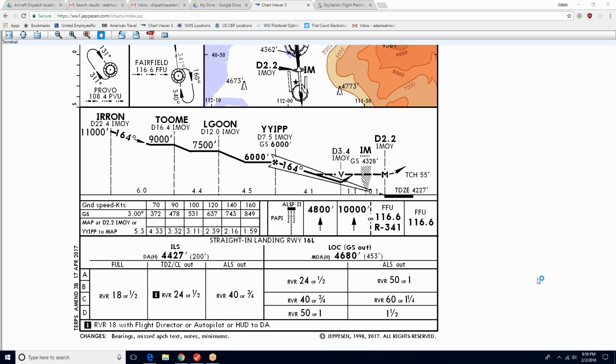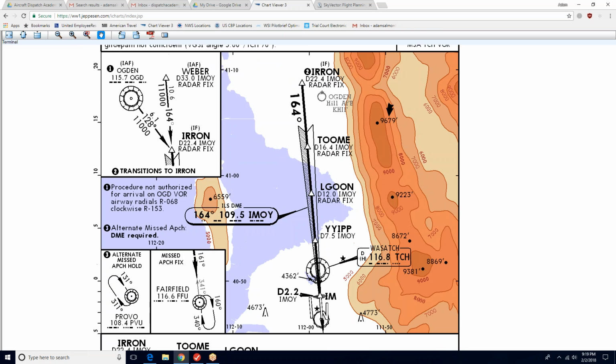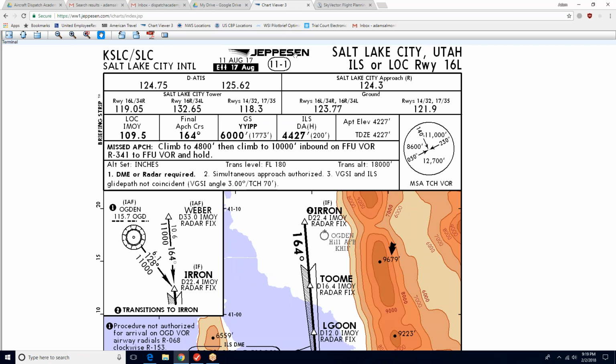Going back earlier to what we were saying about the differences between the different types of charts, let me turn this back on so you guys can see. So once again, this is a Jeppesen chart.